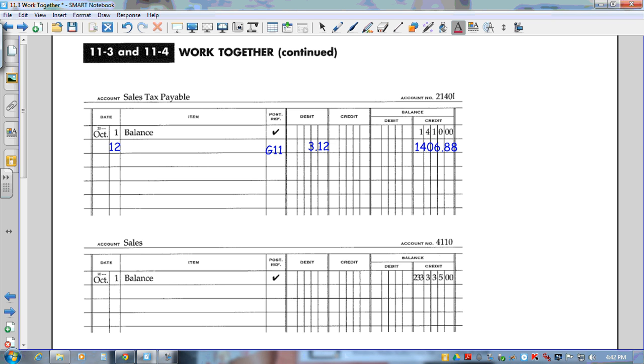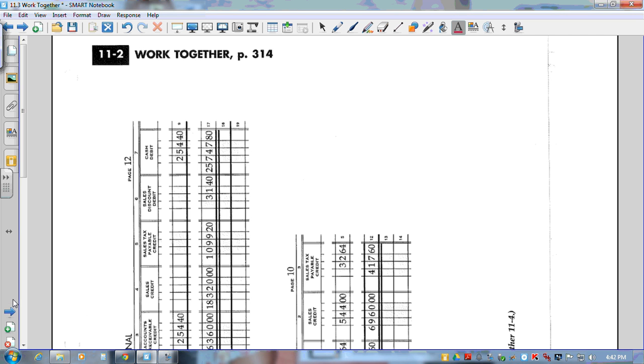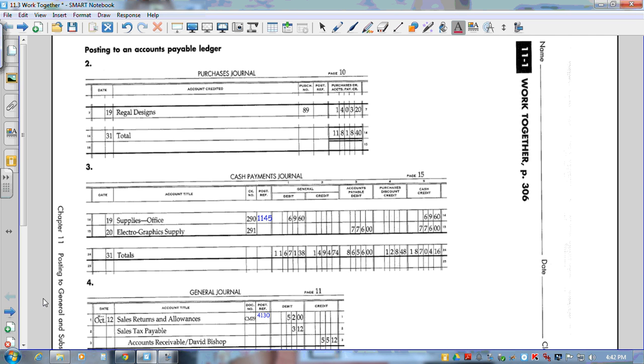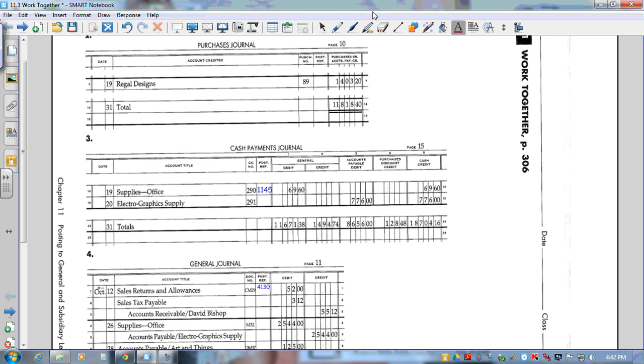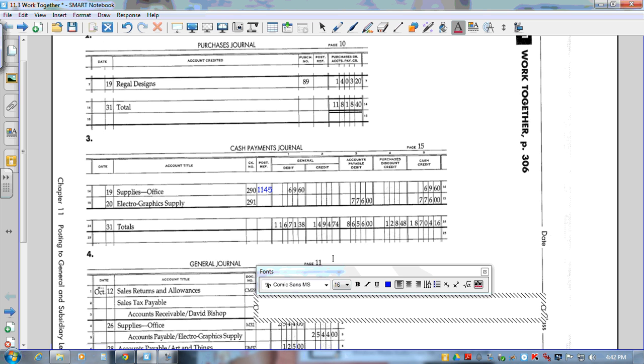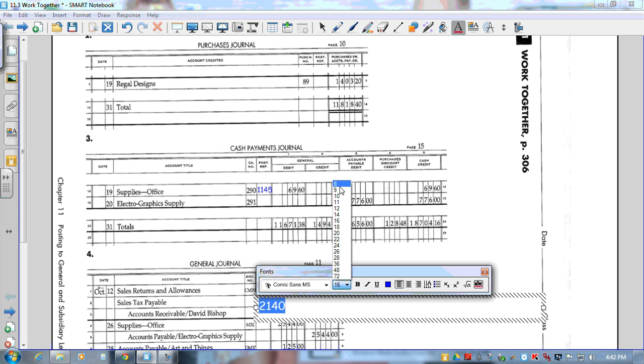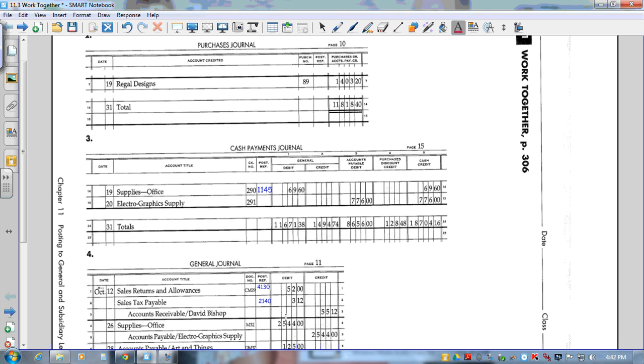Okay, I need to take my account number 2140, go back, and here in the post reference I'll put 2140. Make mine smaller. Okay, next we have to go to our accounts receivable account, and it has a credit of 5512.